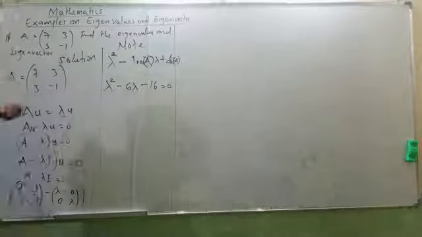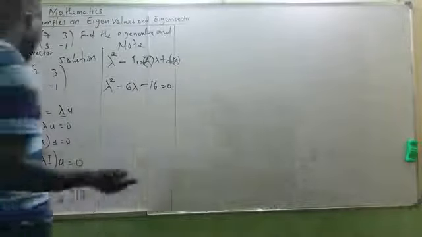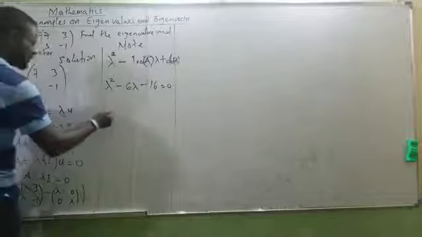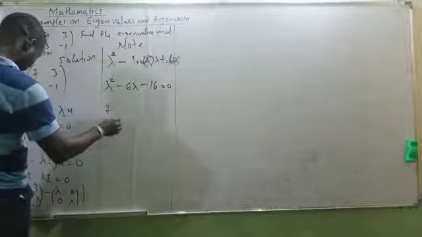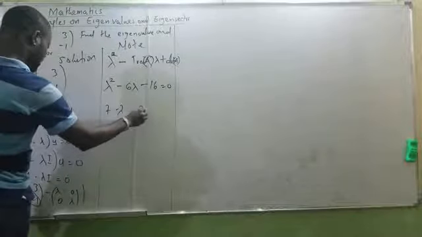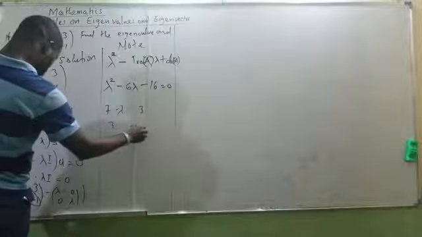Now that is the easiest way of finding the determinant. But most of our professors show something like this and find determinants by having 7 minus lambda, 3, and 3, and minus 1 minus lambda.